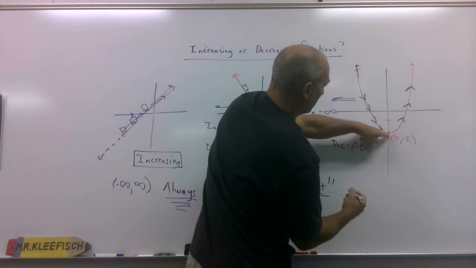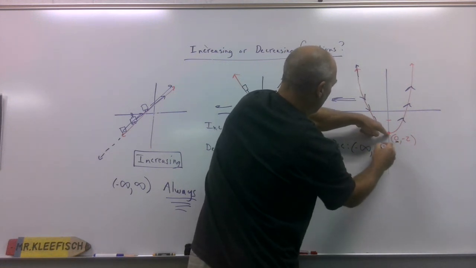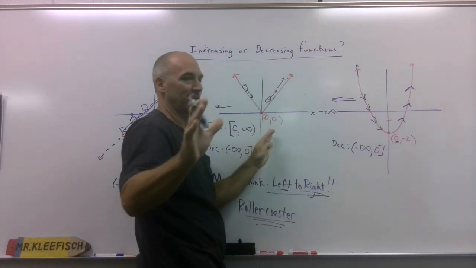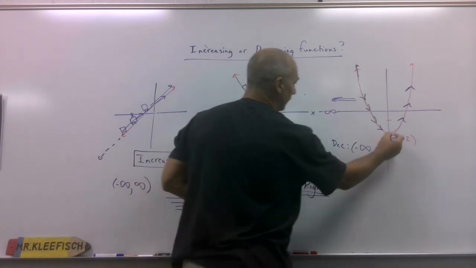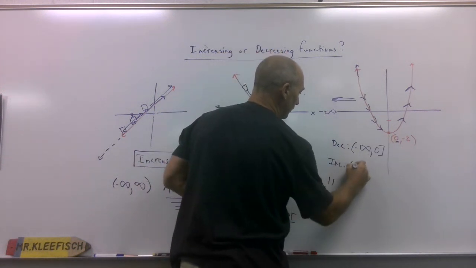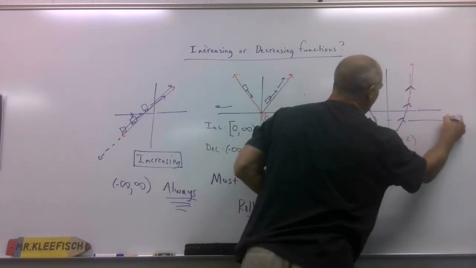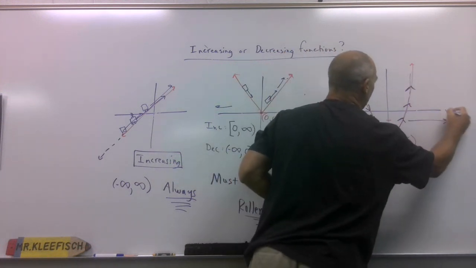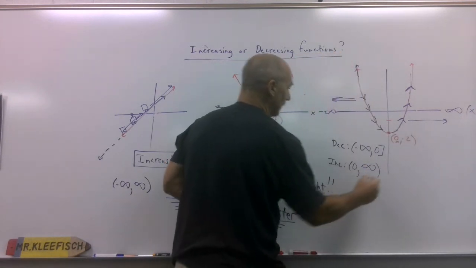So once again, we're talking the x values. So all the way to 0. I'm going to put a bracket around it. I know the book is going to be mad at me. But where is it increasing? It's increasing from here. So I'm going to start at 0. And then it's going to be increasing forever in the wide concept, talking the x value here. So all the way to infinity, it's increasing.